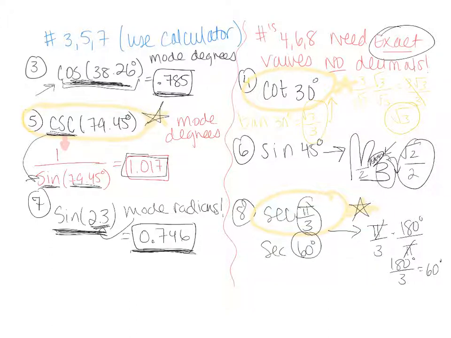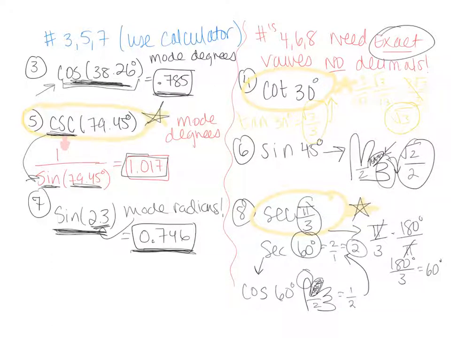I don't know what secant is necessarily, but I do know cos, its reciprocal, at 60 degrees. If I put the 60 degree finger down, cos is on the left, so it's going to be square root of 1 all over 2, or 1/2. That's the cos at 60. So therefore, secant of 60, we're just going to flip a half, and we get 2 over 1, which is 2.